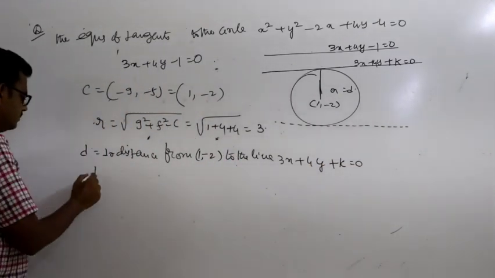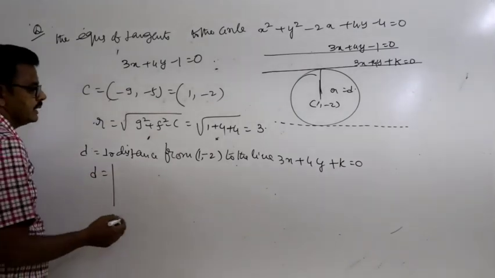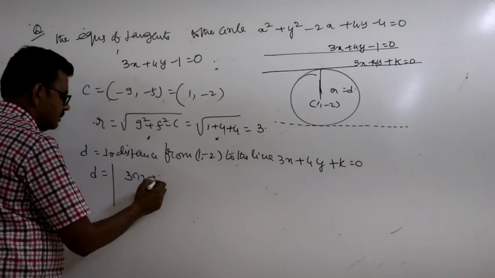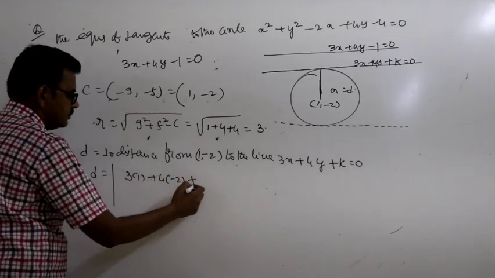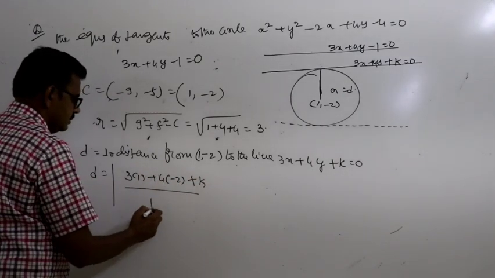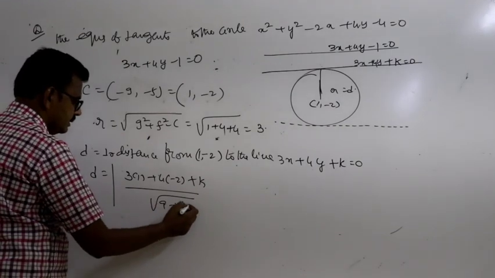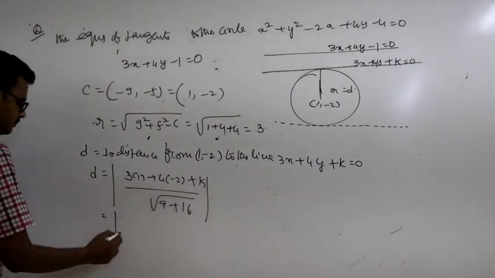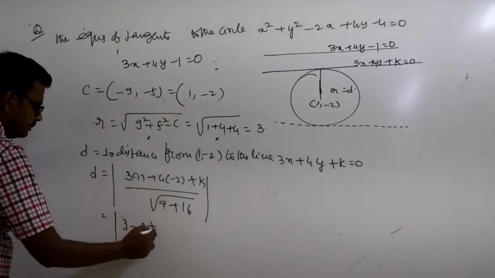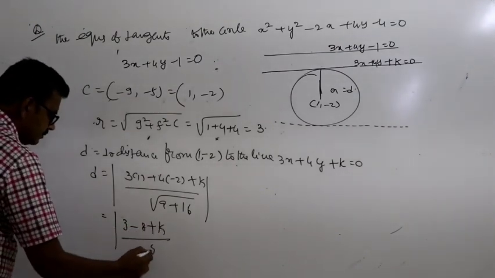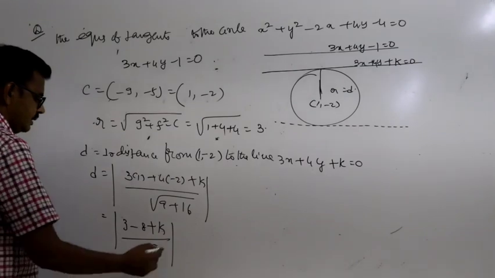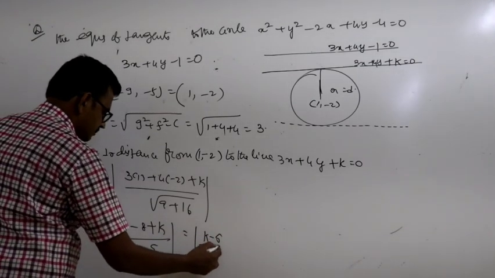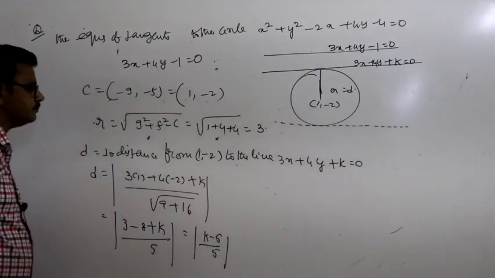That is d is equal to mod of a x1, 3 into 1, plus b y1, 4 into minus 2, plus k by root of a square plus b square. That is equal to 3 minus 8 plus k by 5, that is equal to mod of k minus 5 by 5.